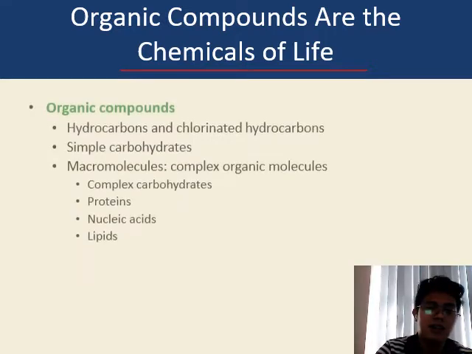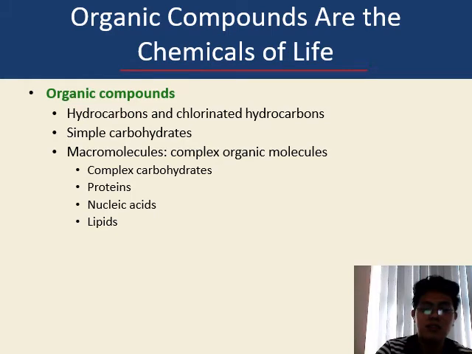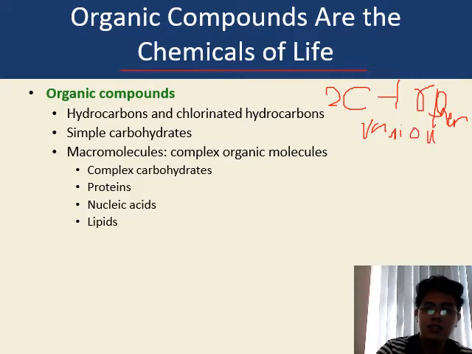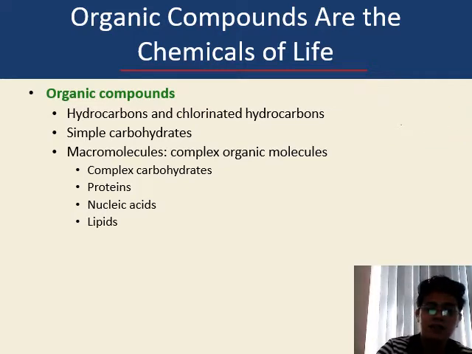An organic compound contains at least two carbon atoms and various other atoms. But there's an exception to that, because there's a compound that is still considered an organic compound with just one carbon atom, and that is CH4 or methane.